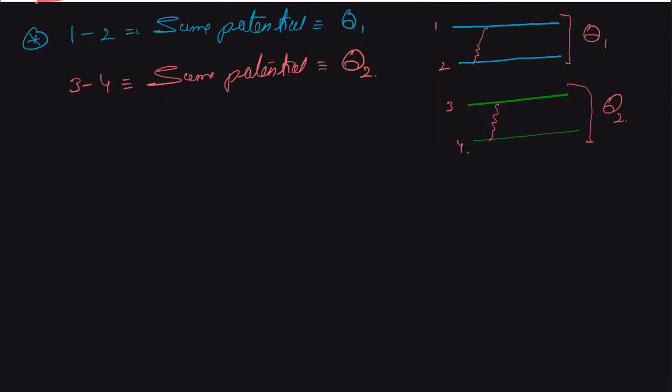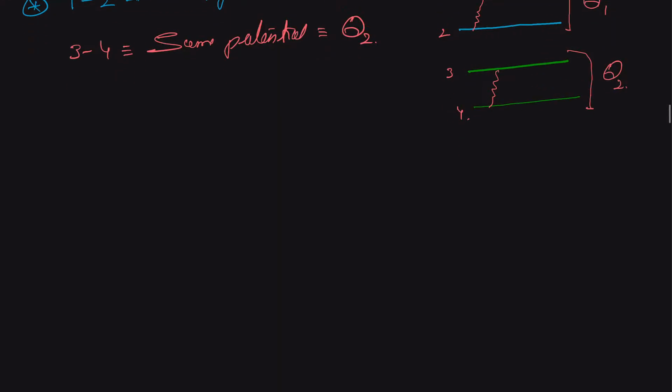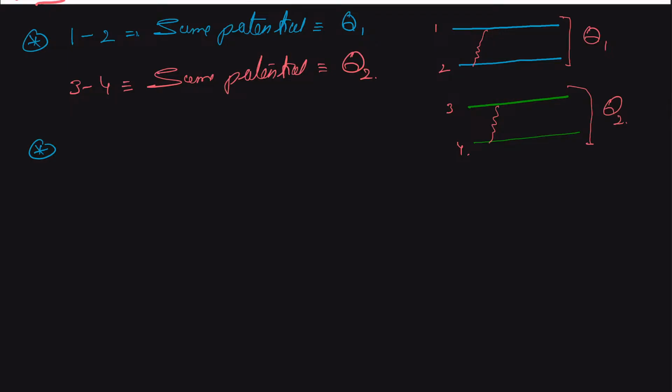And obviously we know that each plate is going to have two faces, a top face as well as a bottom face. So we can accordingly denote their charge densities with respect to each face. Therefore each plate has two faces.